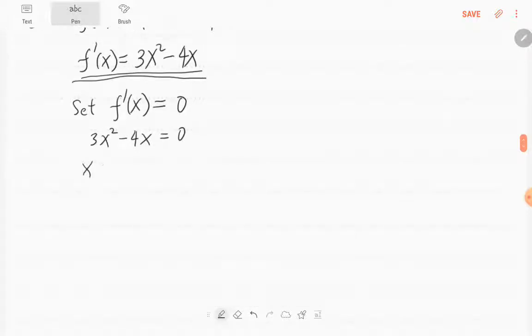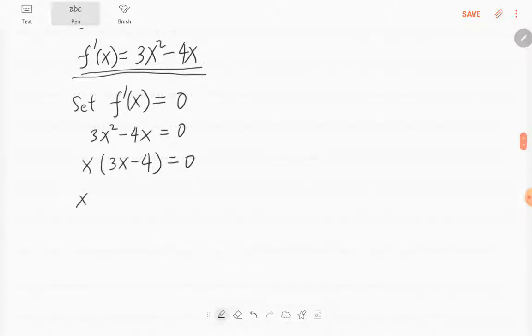We take the common factor x out: x times 3x minus 4 equals 0. So x equals 0, or x equals 4 over 3, right? So you have two critical points or critical values.